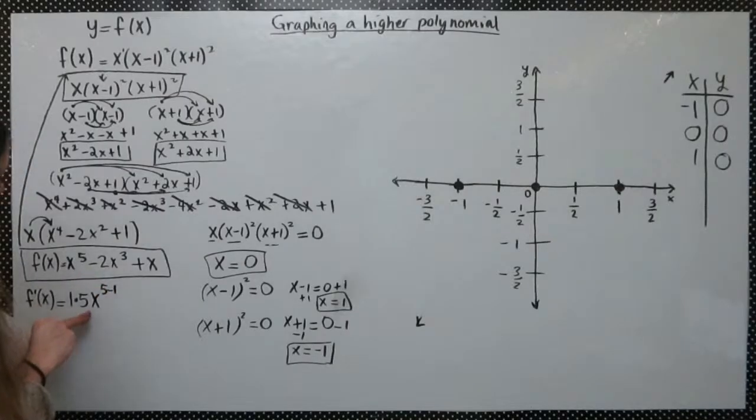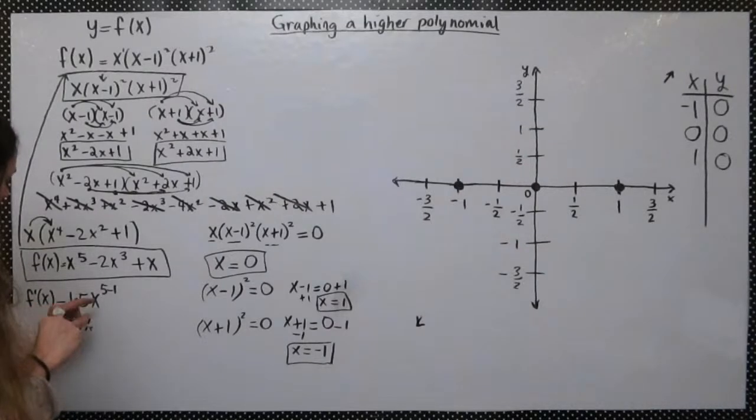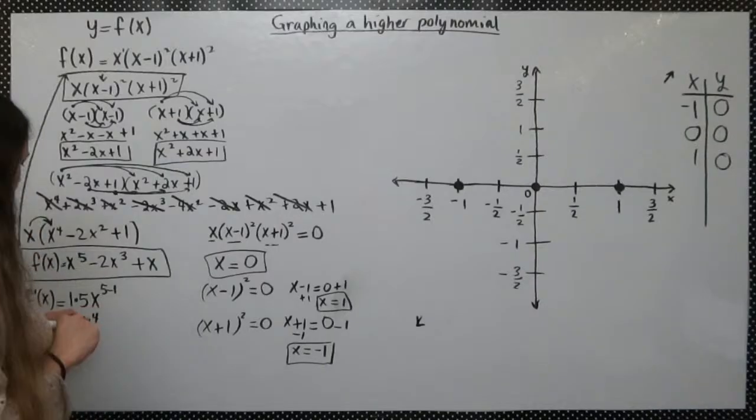And that's the rule. Pull your exponent down and multiply by the coefficient. It becomes a new coefficient. So 5 times 1 is 5, and then you drop your exponent down 1. And then you can separate, and each term you can apply that power rule separately.